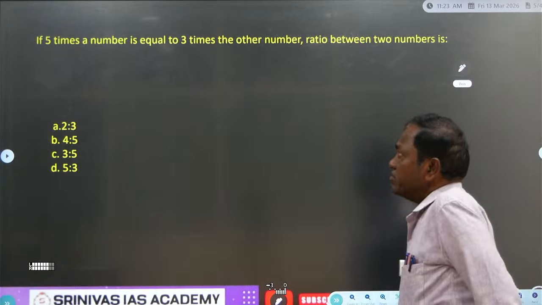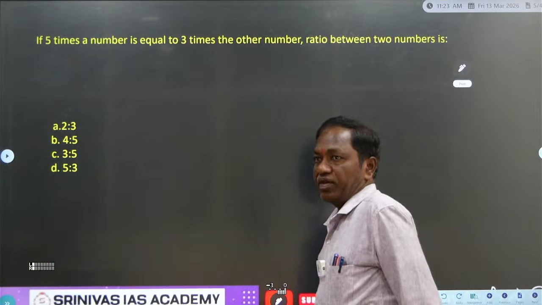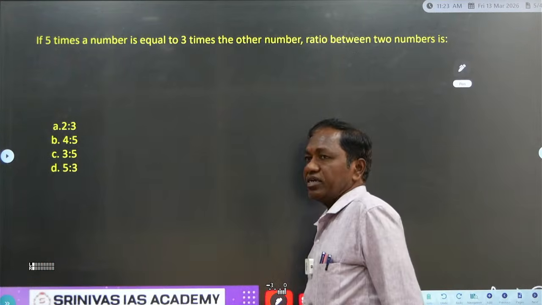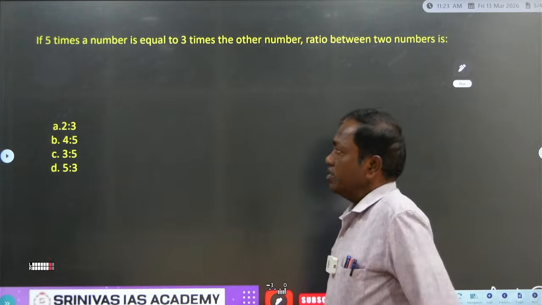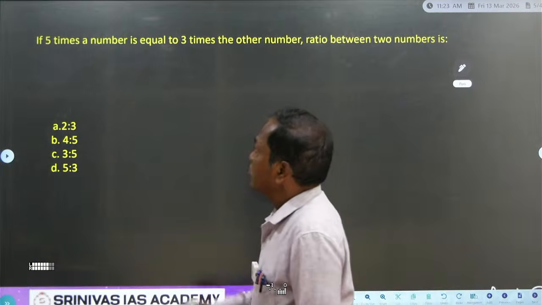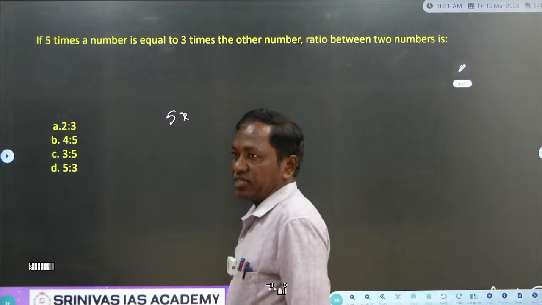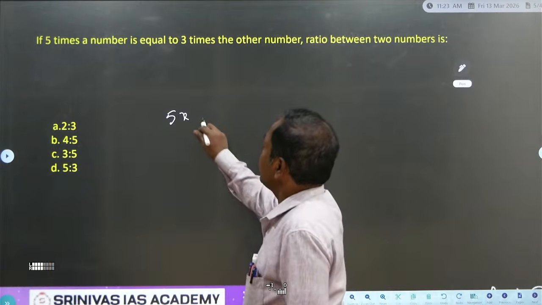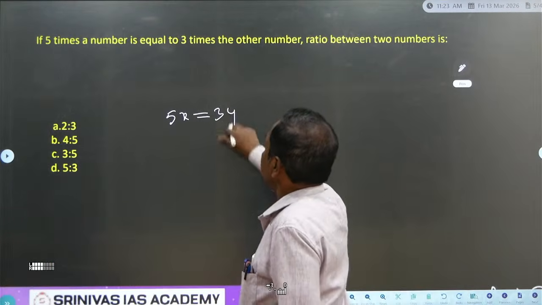And 5 times a number is equal to 3 times the other number. 5 times a number we do not know, then ratio between the two numbers anyway, and the number is not given. 5 times a number, how can you say 5 times a number? Let us say 5x is equal to 3 times the other number, 3y.